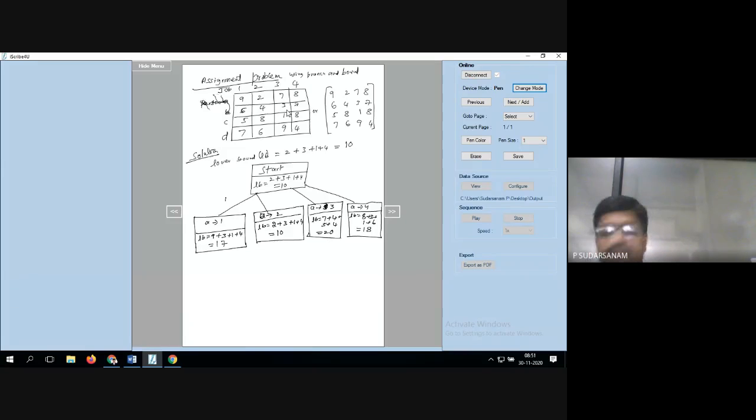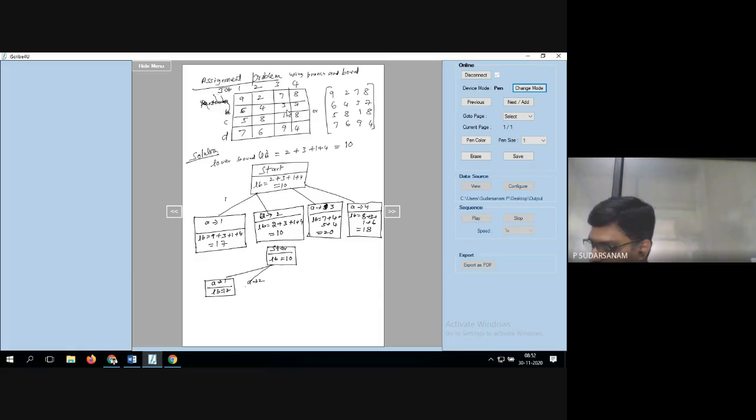Now write it. Start. Lower bound is equal to 10. A is equal to 1, lower bound is equal to 17.